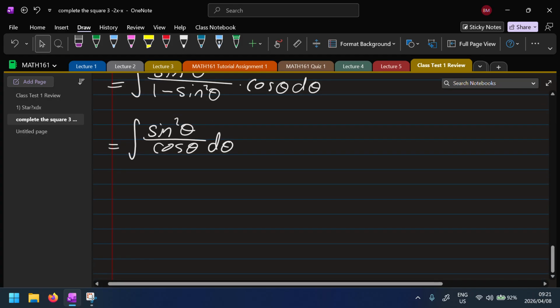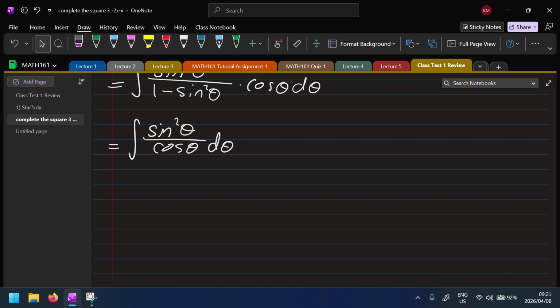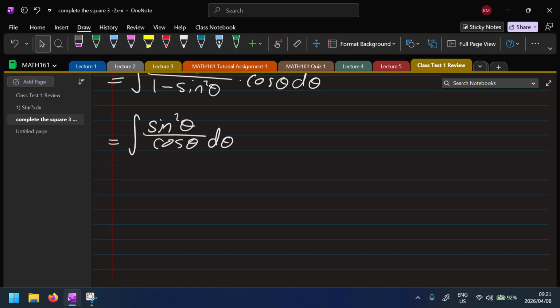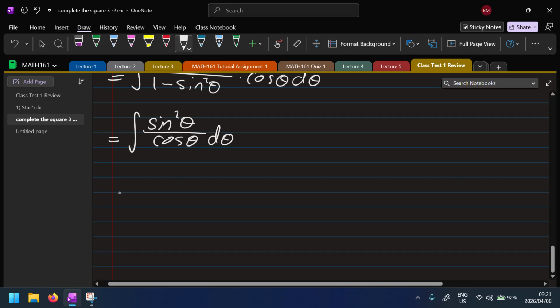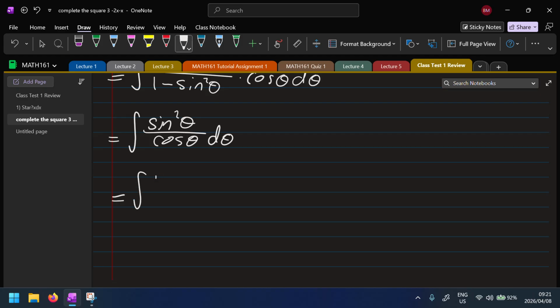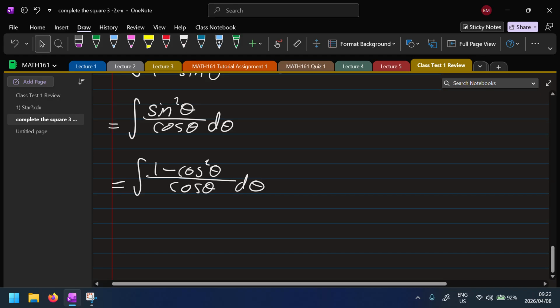Okay, so we're stuck here. There's a few things you can do. I'm going to change the top to cos squared so we can cancel with the bottom, but there's other ways to do this. So the top sine squared, I'm going to write as 1 minus cos squared, because the cos squared will cancel there.